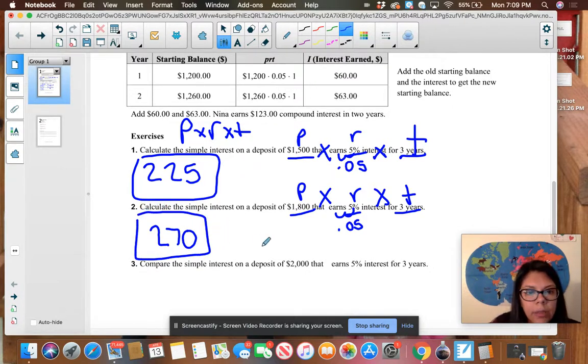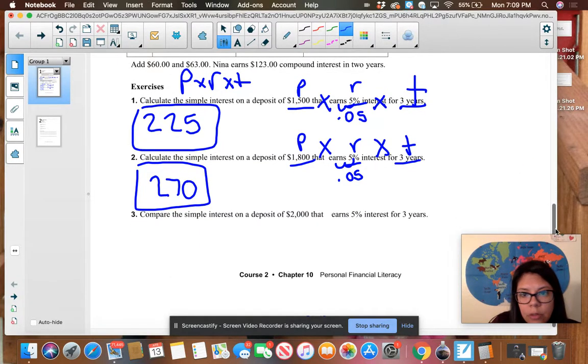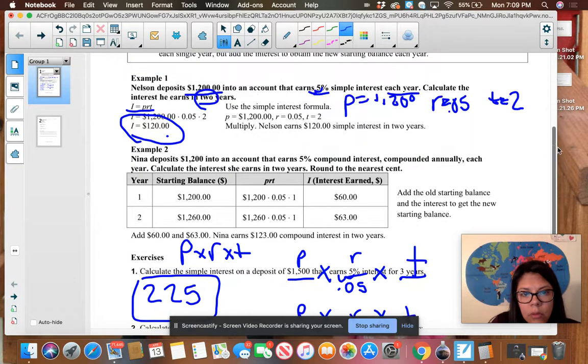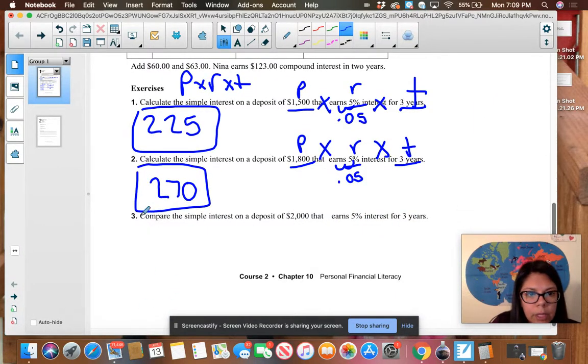Now we're going to compare. Compare the simple interest on a deposit of $2,000 that earns 5% interest for 3 years. Maybe that's a typo. Maybe I was supposed to say calculate, because it doesn't say what we're comparing it to.